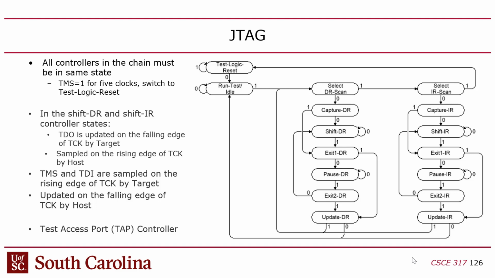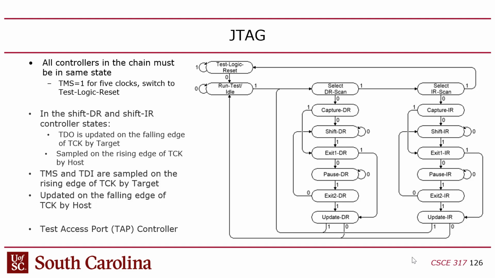You have to tell every device in the chain that you want to put an instruction in, in which case you go through the proper sequence of TMS values to get all of the devices on the chain into the shift IR state, at which point you just shift values in through the test data in, and you can shift values into that chain. Does that make sense? And that'll put an instruction in.